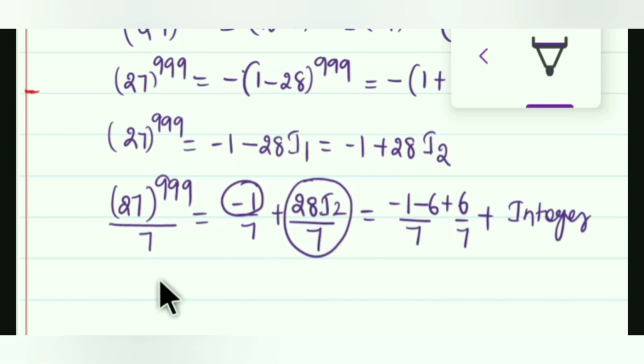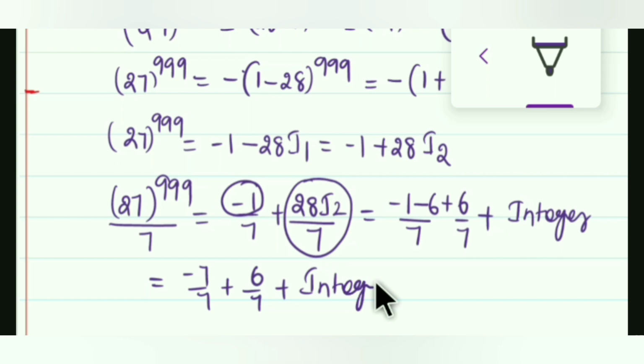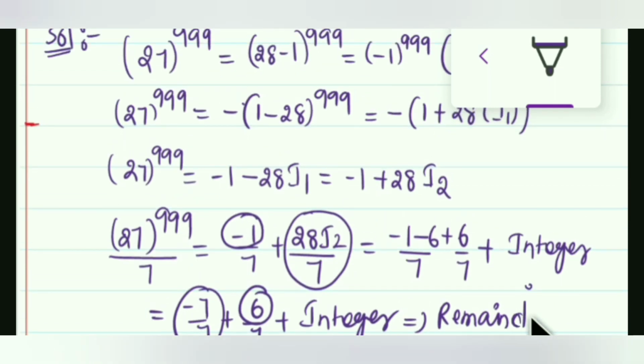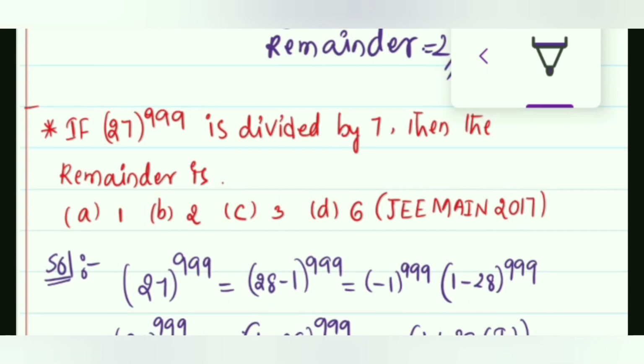So now what we are getting here is minus 7 by 7 plus 6 by 7 plus some integer. This minus 7 is divisible here, no problem, the remainder is 0. Finally the remainder is 6. That is the answer here. The remainder is equal to 6, which is option D.